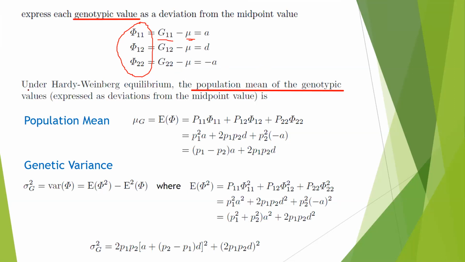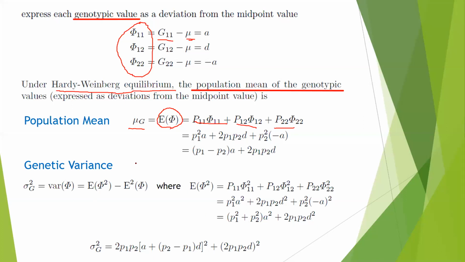And given the Hardy-Weinberg equilibrium theorem, we can calculate, based on the allele frequency, the expected genotypic value for the population, which is defined as mu g. And this is how we use the formula to calculate the mean for the population.